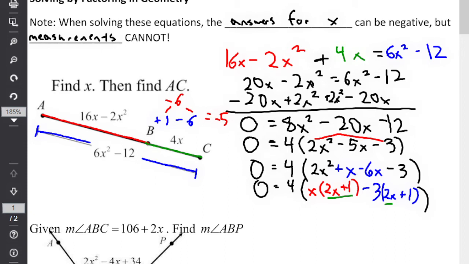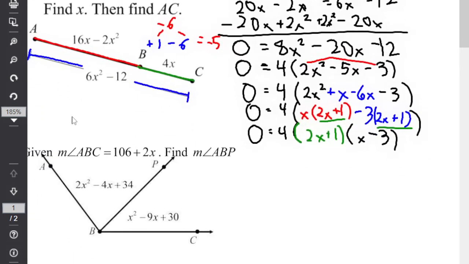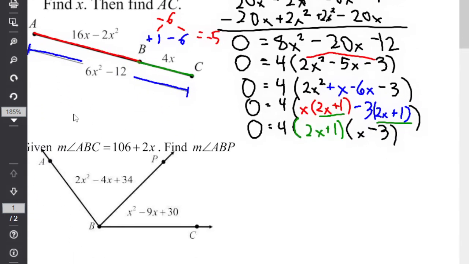And we have, ding, ding, my 2x plus 1's match, so I can take them out. Don't lose my 4. And I can take that 2x plus 1 out of the whole thing. When I do that, in my first group, I'm left with x. My second group, I'm left with a minus 3. So that is my factoring.